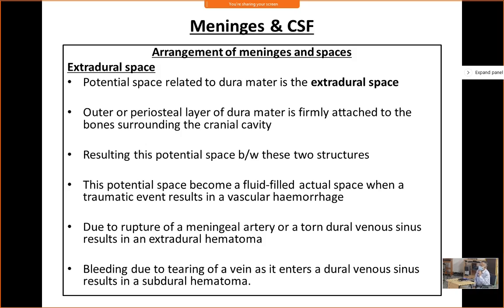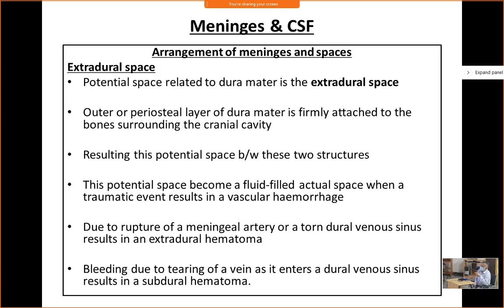Now come to the arrangement of meninges and spaces. The spaces I have mentioned are the subdural space and the subarachnoid space. Then there is the extradural space. Where is this extradural space? It is a potential space related to the dura mater. It is outer to the dura mater, so this is a potential space between your dura and your skull bone.